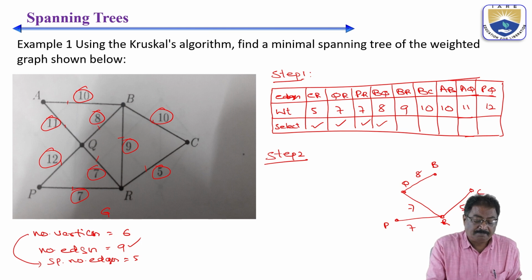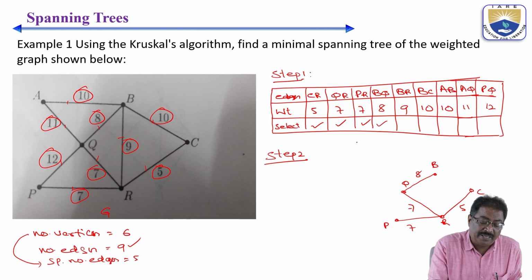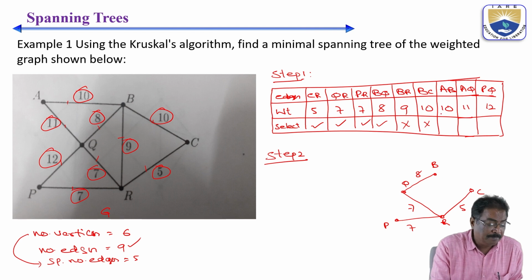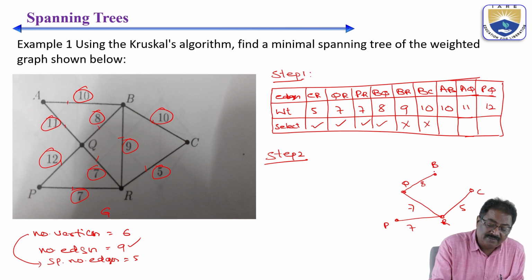And then the other one, BR. BR I cannot select. And next BC I cannot select. AB I can select.